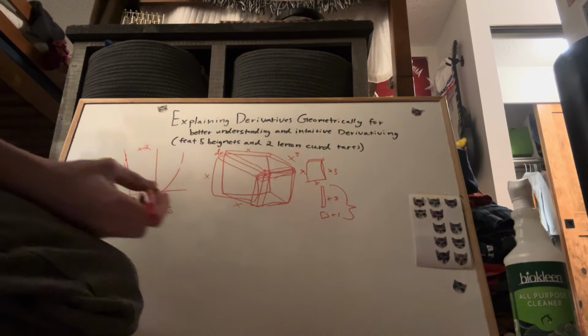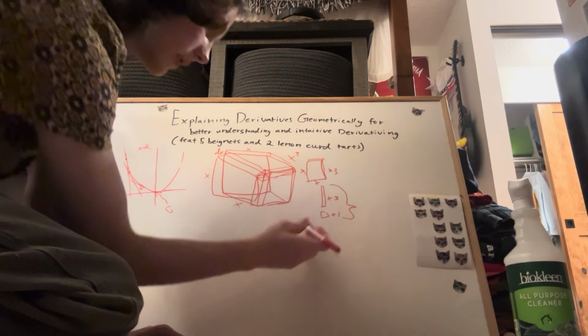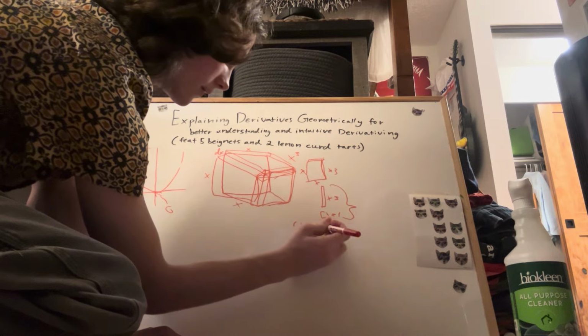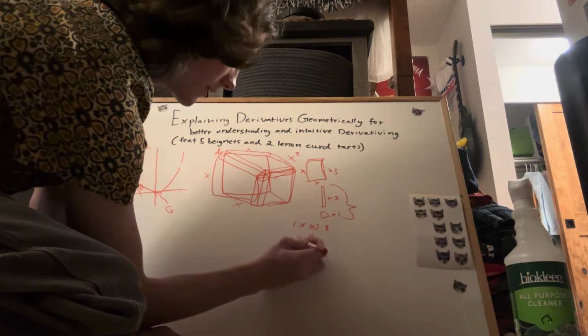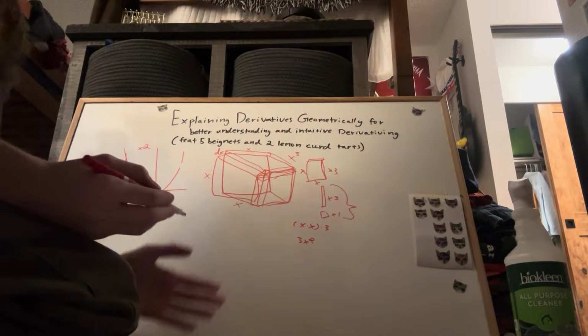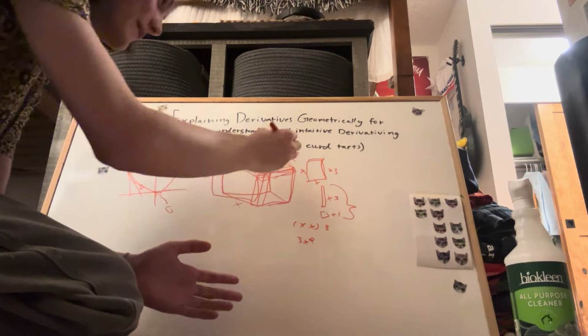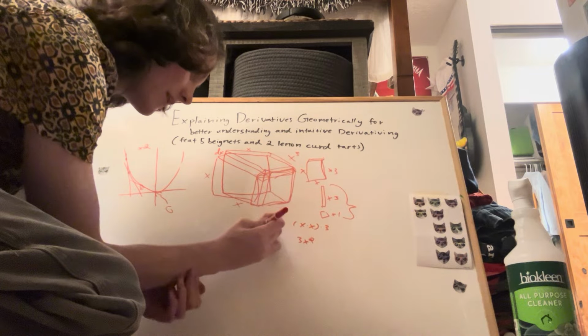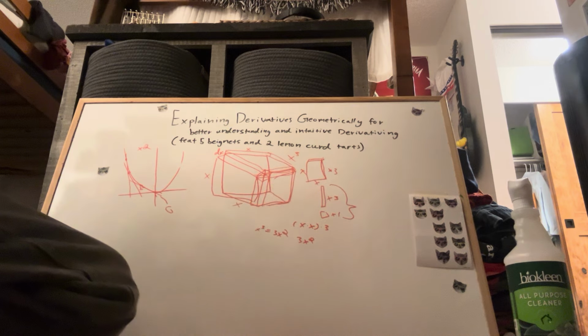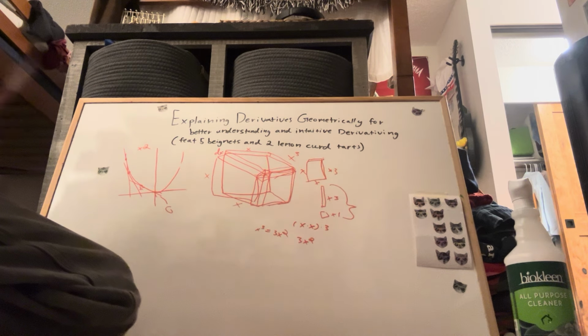But for these purposes, we're going to say we have x times 3, which is 3x squared. Isn't that crazy? The derivative of x cubed is equal to 3x squared. Whoa! I think that's so much fun.